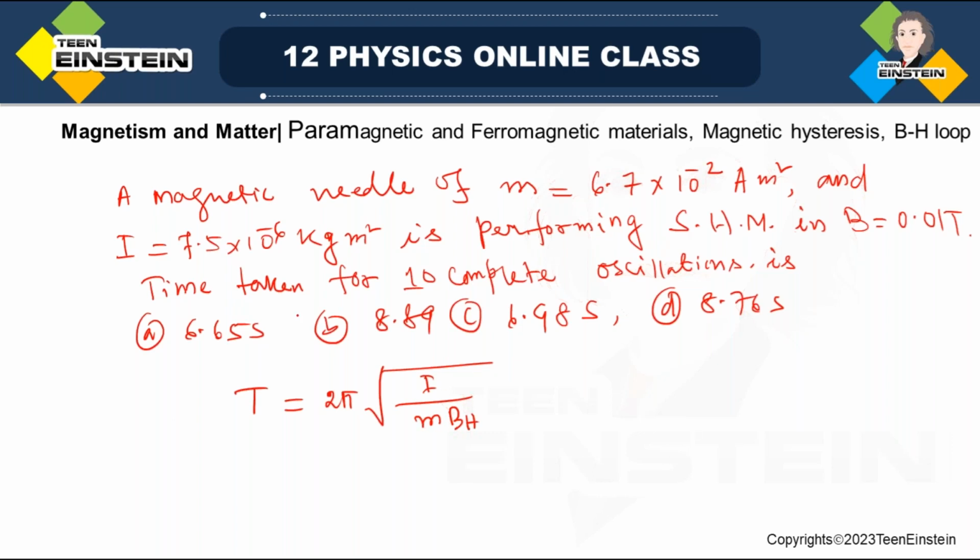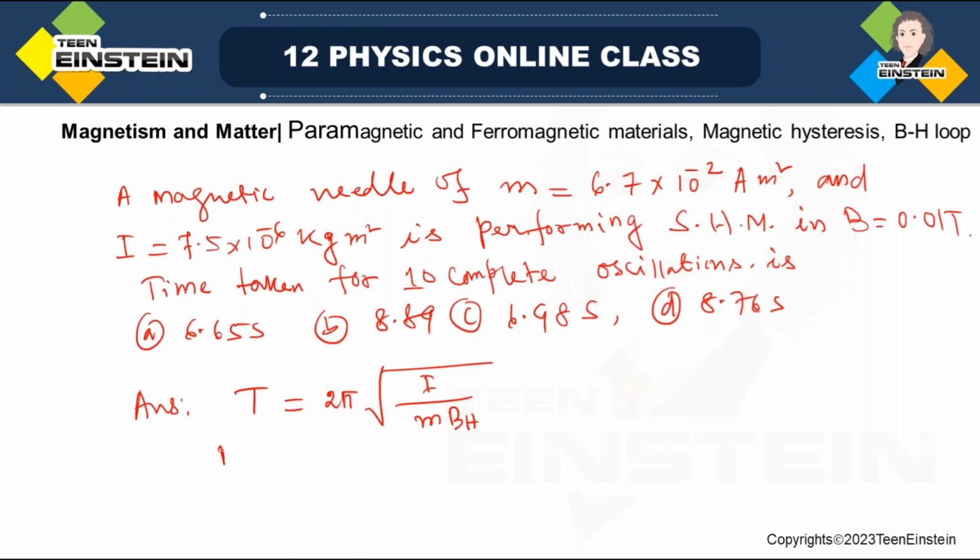Here I is given, m is given, B_H is given. So we first have to find out the time period for one complete oscillation. This is the formula.